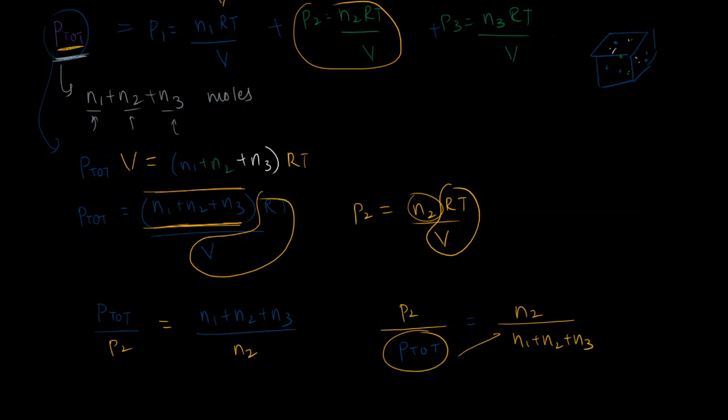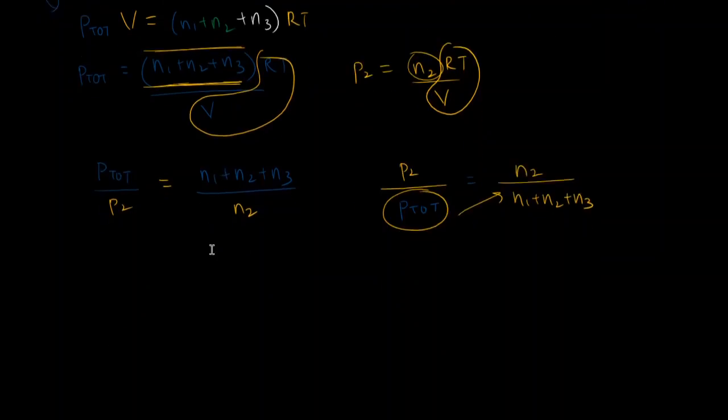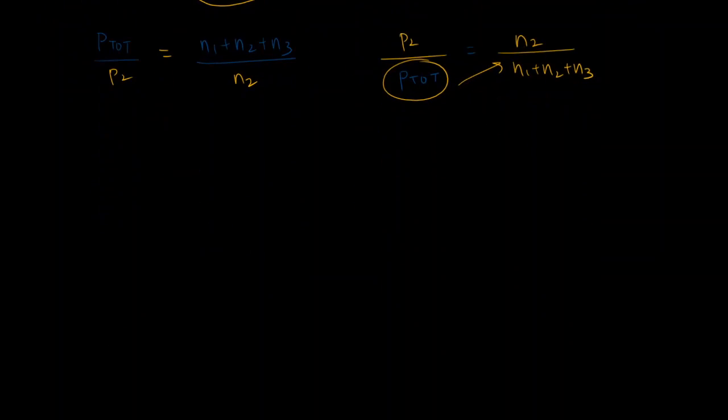Take this P total to the other side, multiply it, and you will finally arrive at, and this is really interesting, the partial pressure of P2 is equal to the number of moles of that gas divided by the total number of moles in that mixture, times the total pressure of that mixture.